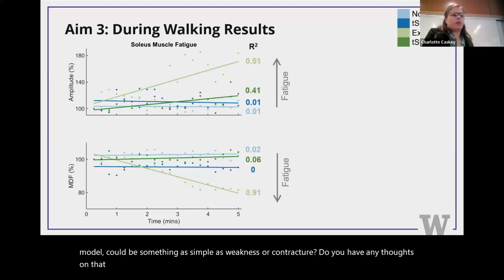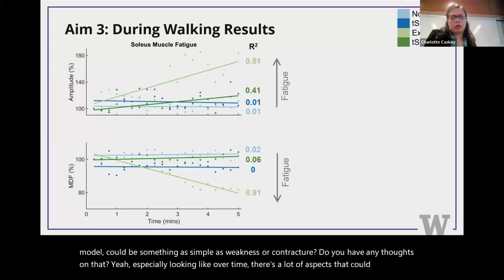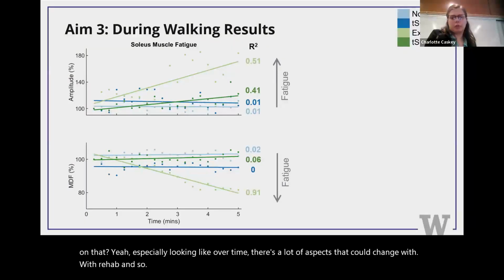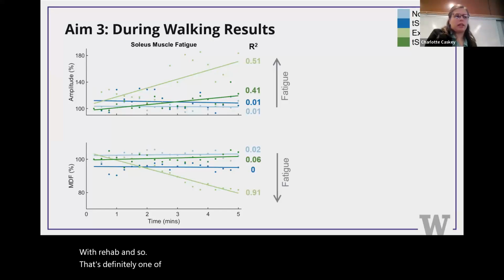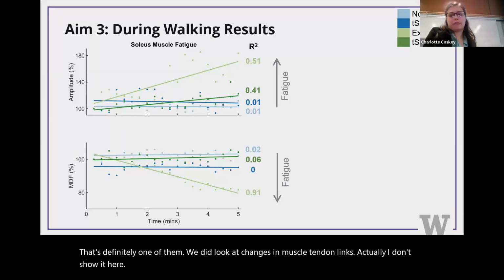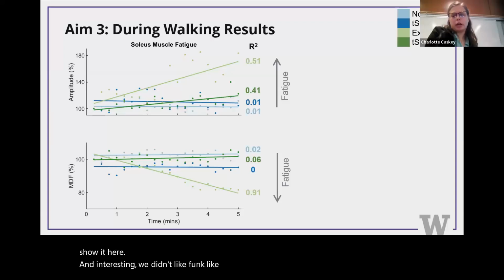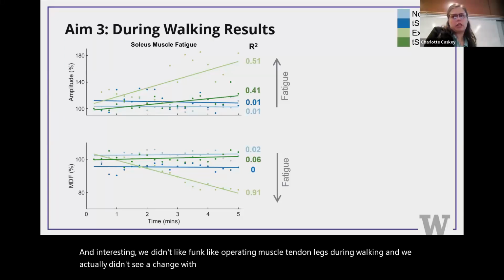Yeah, especially looking over time, there's a lot of aspects that could change with rehab. And so that's definitely one of them. We did look at changes in muscle tendon lengths, actually. I don't show it here. Interestingly, looking at muscle tendon lengths during walking, we actually didn't see a change across the study visits.